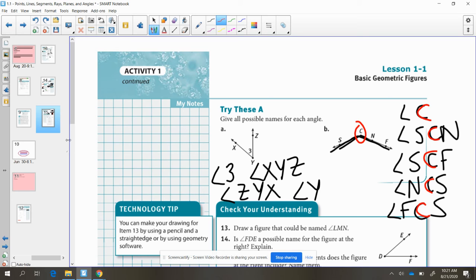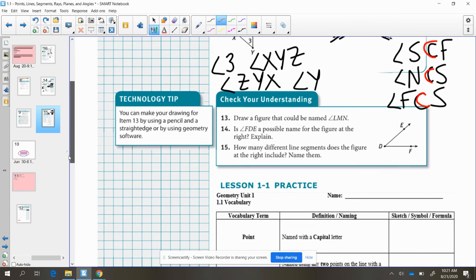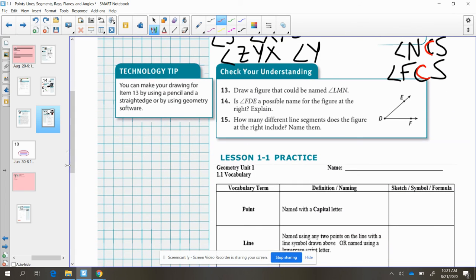All right, final information about angles here. Draw a figure for number 13. I'm going to write it over here. That could be called LMN. Well, what is something important to notice about this ordering? Well, the key here is that you notice that M is the vertex.